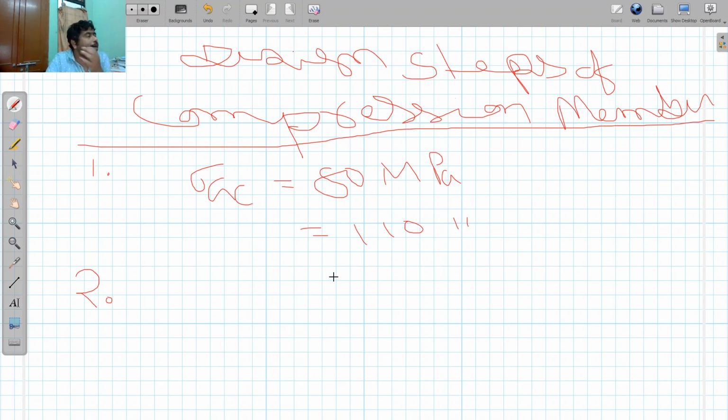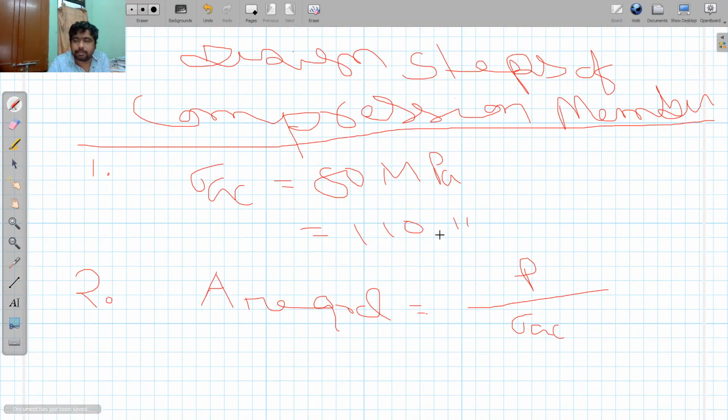So from here we can find out the area required for this compression member, irrespective of the type of section. Area required is equal to the given compressive load P divided by the assumed permissible compressive stress sigma sc.